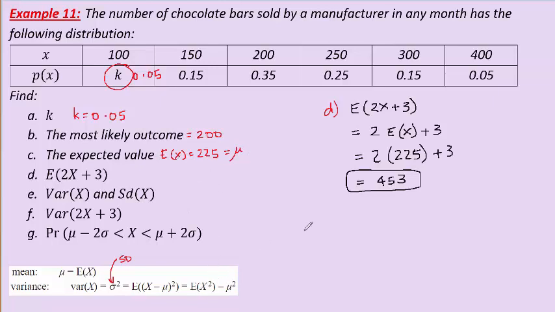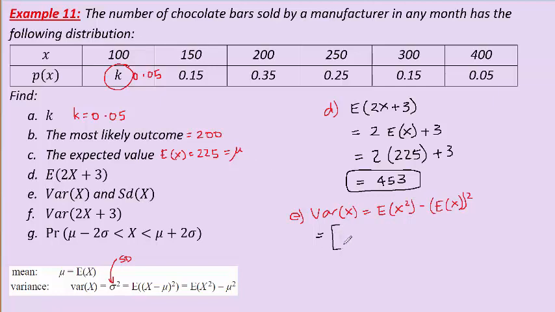So what I can do is E of X squared minus mu squared, and I'll get my variance. So I've written my formula down, and now let's go in. For E of X squared, I can't just square E of X in the same way I did with the previous thing. I need to go step by step.